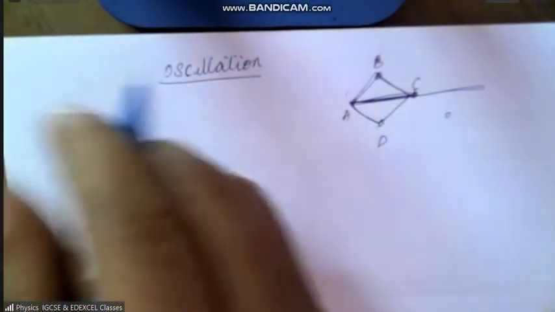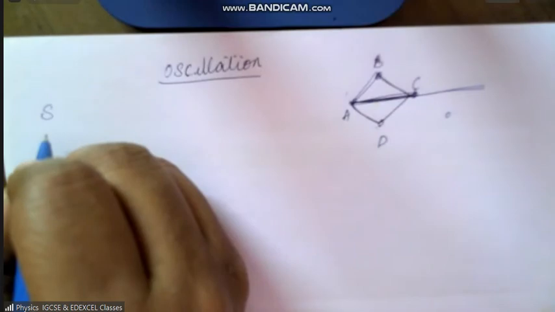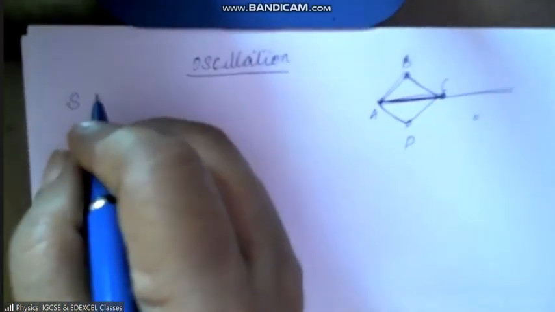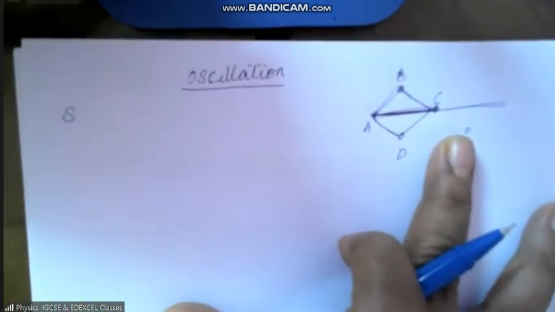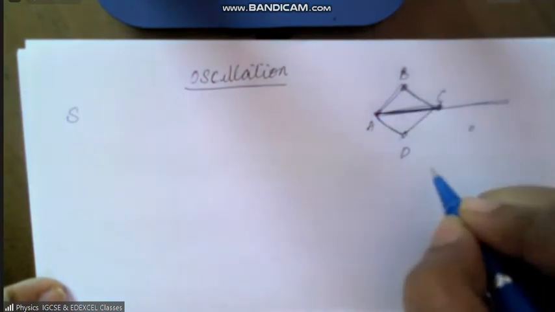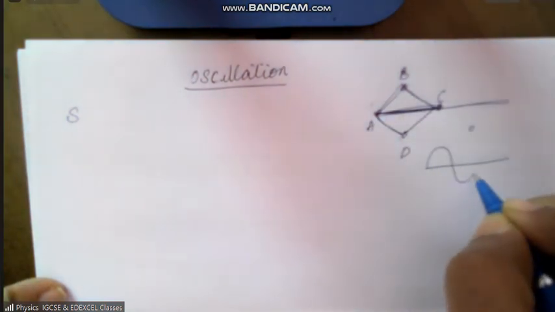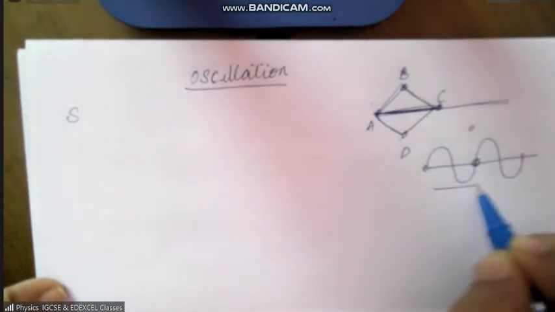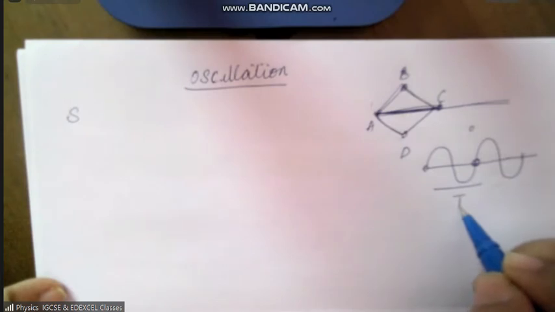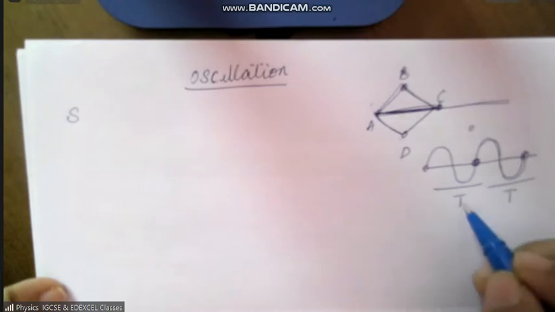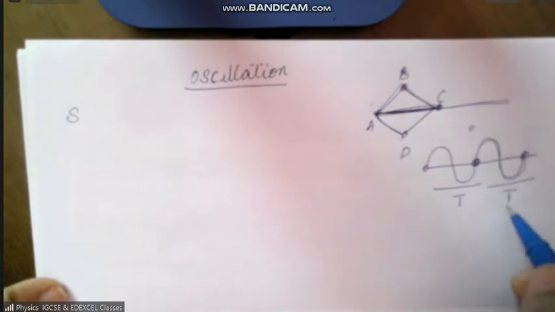Now, what is simple harmonic oscillation or simple harmonic motion? All oscillations are not simple harmonic. About oscillation, you have learned about waves. A wave is an example of oscillation. Why? Because this is one wave. If the time taken for this one wave is t, then the time taken for the next wave also will be t. In the same time, this motion keeps repeating.